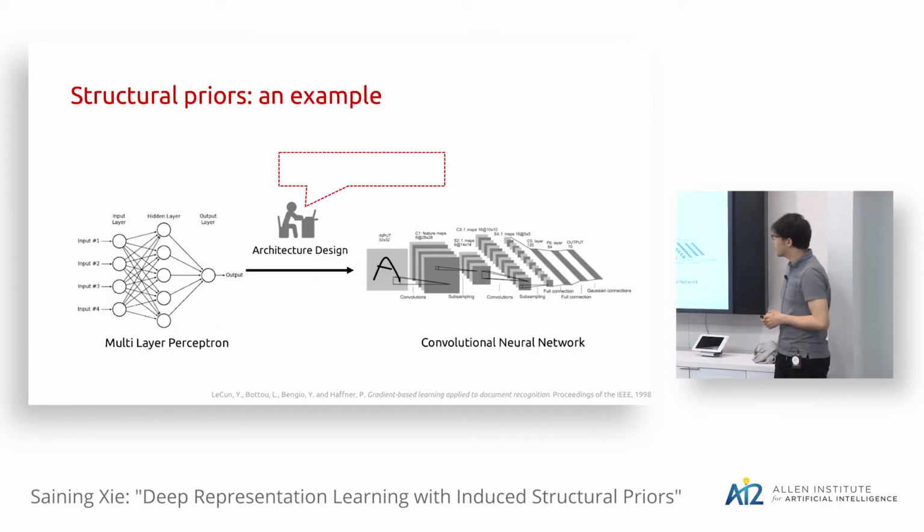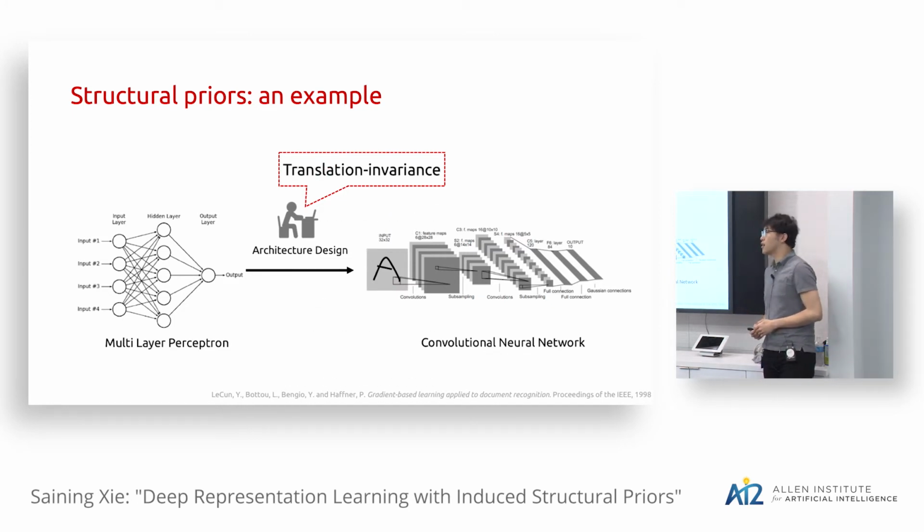Let me give you a very good example of what a good structural prior is. Everybody knows that MLP is a universal function approximator, but there are not too many structural priors built into MLP. By designing convolutional neural networks, there's one really important structural prior incorporated into the design decisions, which we all know is the translation invariance implemented by the weight sharing mechanism, right?